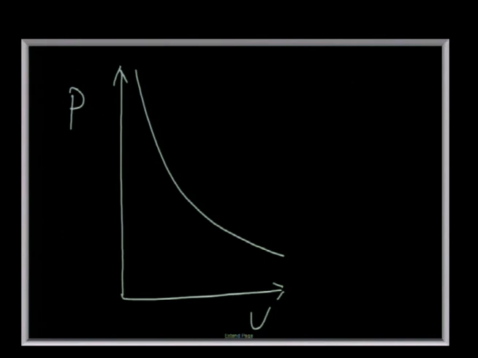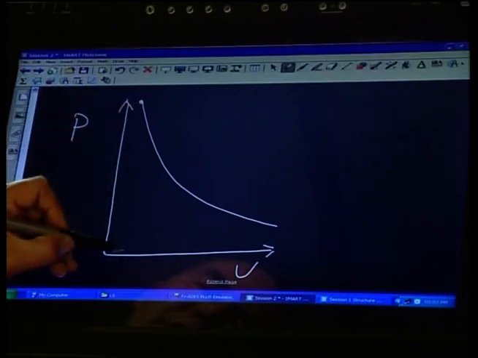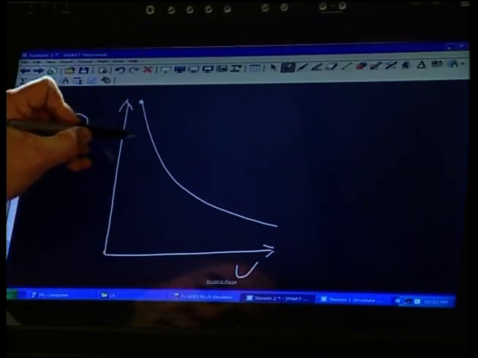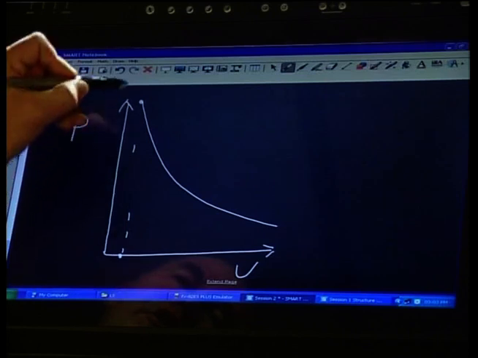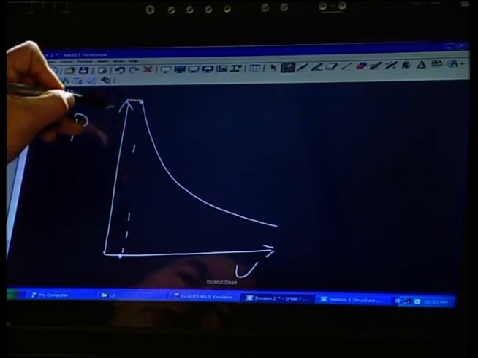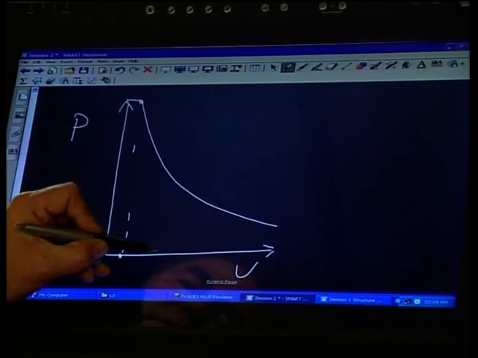nature. And what that tells you is if you halve the volume, I want you to see that that's a very small volume. There's the volume, there. And if you increase the volume, the pressure is very high. If you increase the volume, let's say you double the volume.